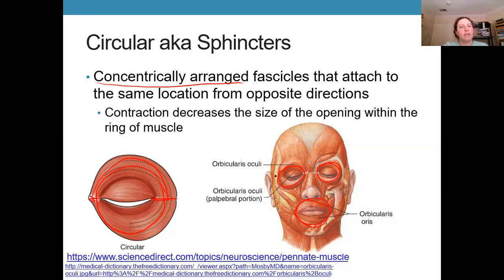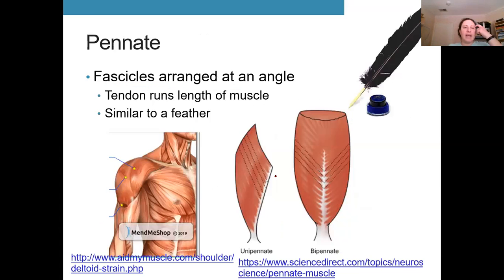And then the last one is a little more complicated. So pennate muscles are the ones where the fascicles are all arranged at an angle. Similar to the convergent, but everybody's coming at the same angle, so it looks kind of like fusiform. So we have a nice big muscle belly, with fascicles coming in at kind of like a 45, somewhere in the 30 to 60 degree angle, but you can see they're more upright here.